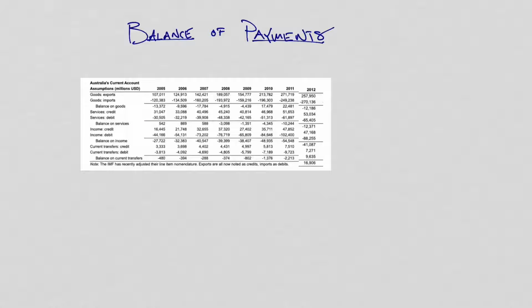So to take one year as an example, let's say 2008, we can look at the net position of whether the country exported or imported more services by just taking the absolute value of the difference between the two. The 45,240 was the credit or the export of services.